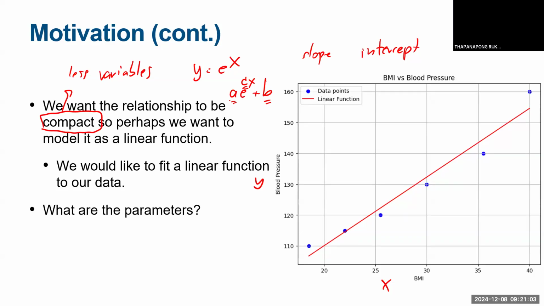But if you can transform, maybe you take the log of y and x, and suddenly the relationship between log y and x becomes linear. So sometimes it is easier to just transform your features.